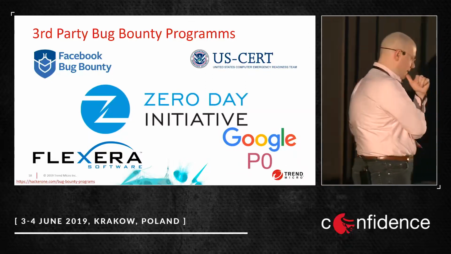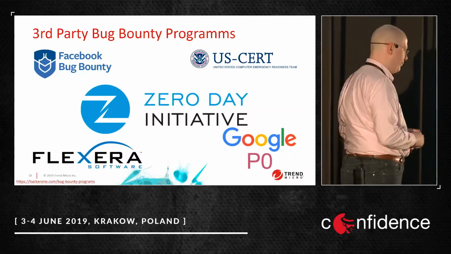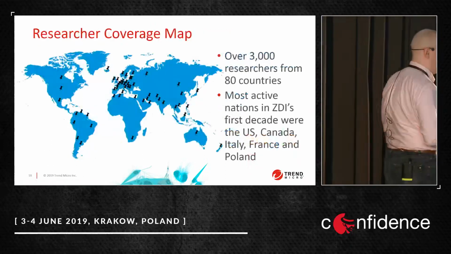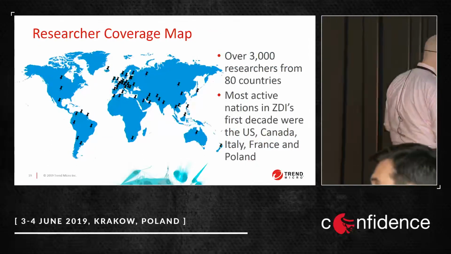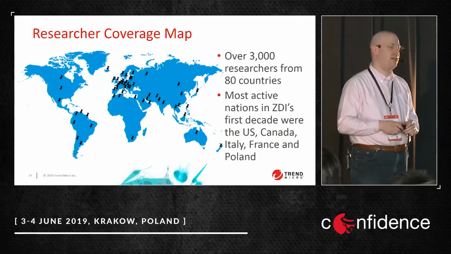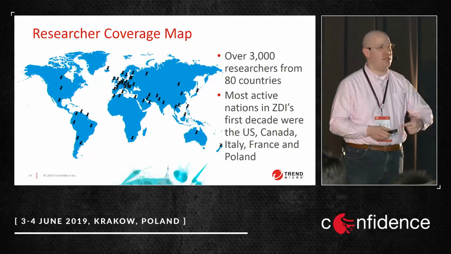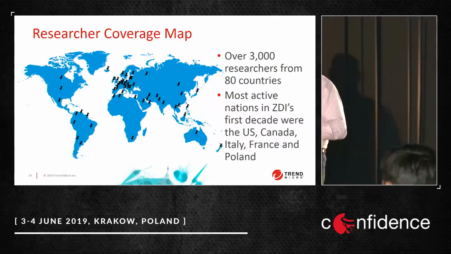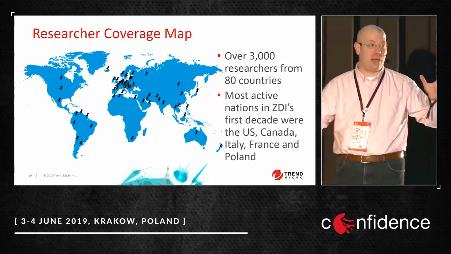So ZDI basically is a collection of researchers which are situated worldwide, which collect, discover, and disclose vulnerabilities through ZDI. So ZDI is basically buying those vulnerabilities, and I have to admit, we are not paying $3 million for a zero-day iOS exploit.